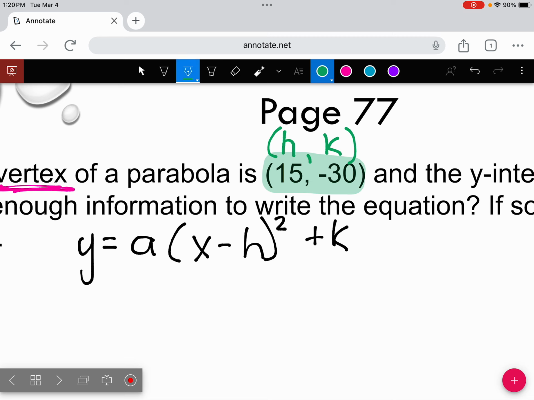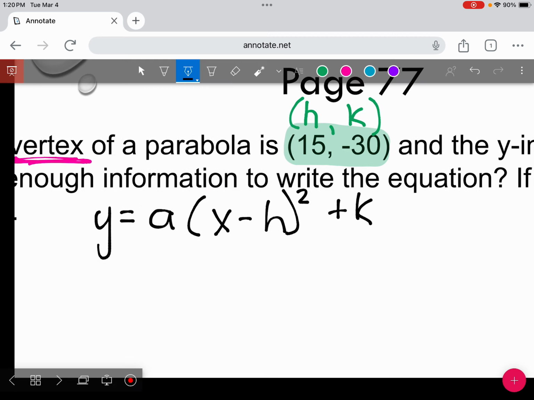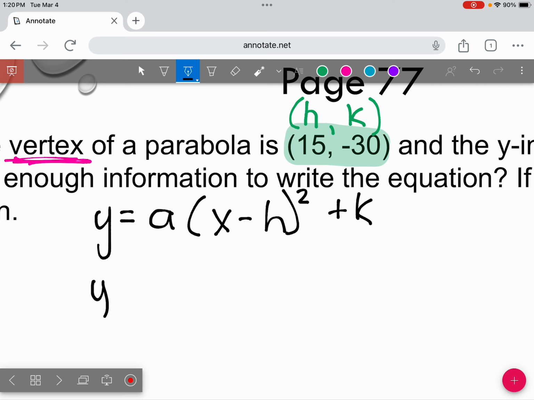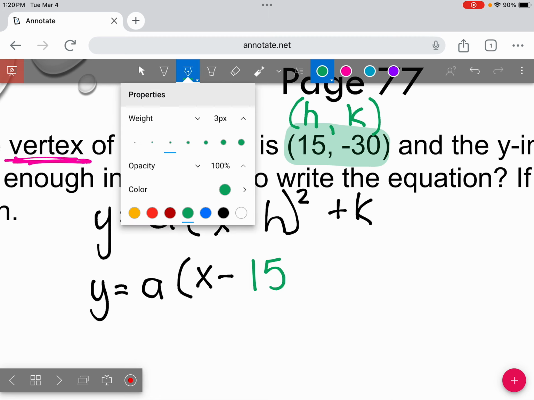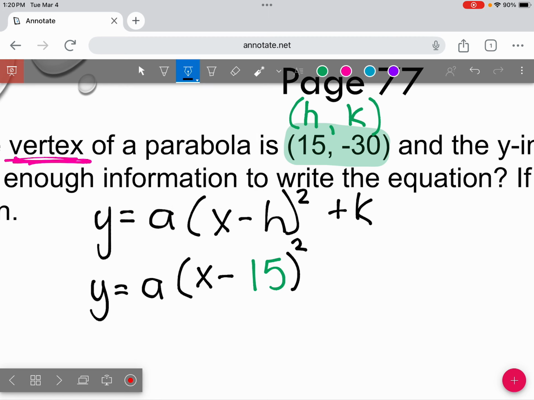So when I go to substitute those pieces in, we have our y equals a times x minus our h, so we're x minus 15 squared plus k, plus negative 30.